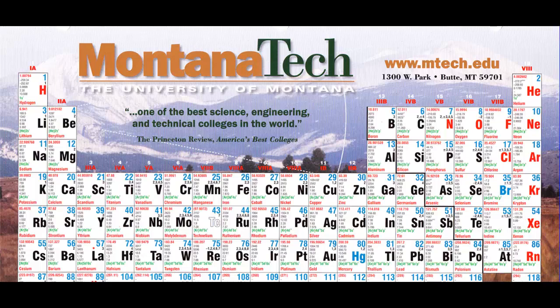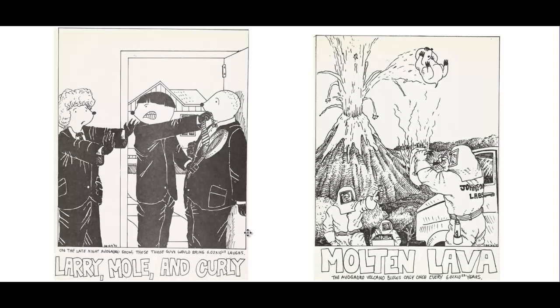Now, the mole is extremely important to chemistry, and we also like to have our fun with it. And that's what these next couple of slides are about. You'll notice on the left here I've got Larry, Mole, and Curly, and these guys are capable of bringing us 6.02 times 10 to the 23rd laughs. The Avogadro volcano spews out molten lava.